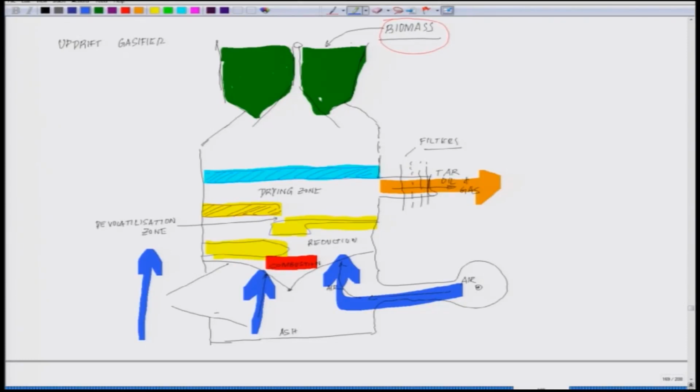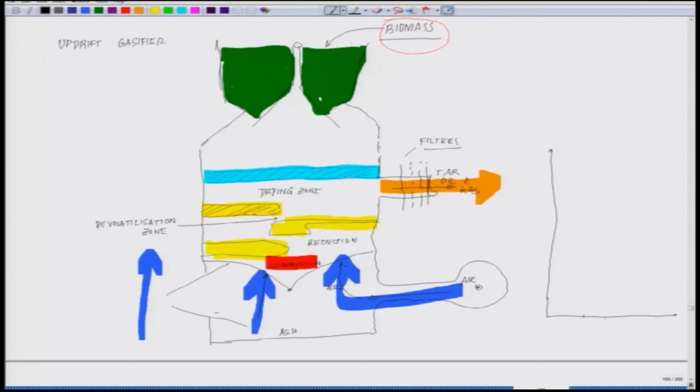Now, if you look at this system, there is a very interesting variation in temperature across it, and that is what I am going to highlight now. I will draw this by the side of it, and that will give you an idea of what I am trying to tell you.